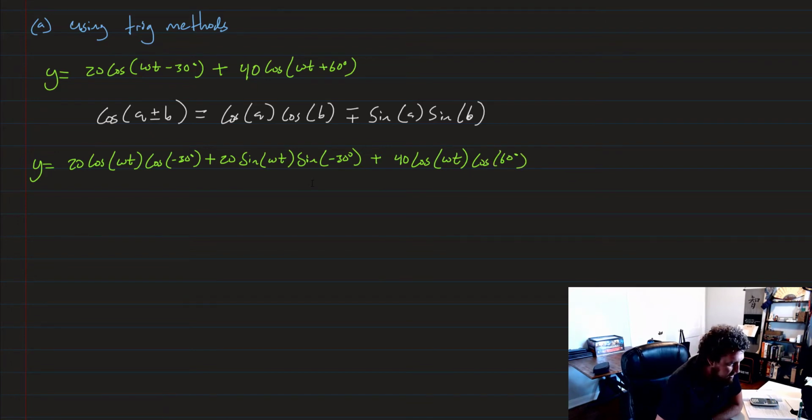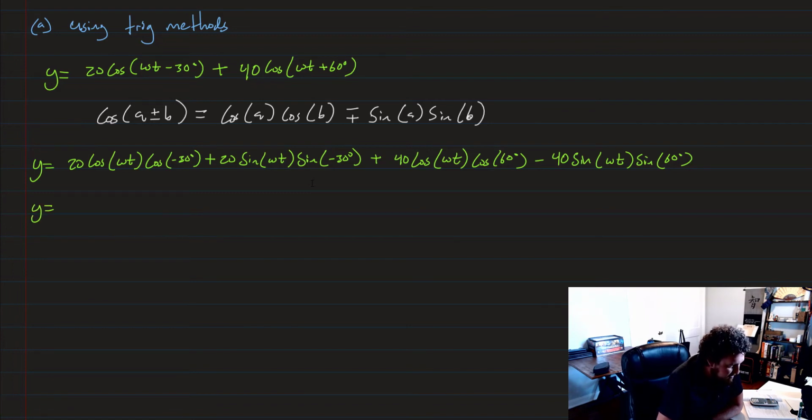Now that was plus, so it's going to be minus, so minus 40 times the sine of omega t times the sine of 60 degrees. Notice that I distributed these coefficients into each expression. So we've got this big long monster of an expression. Now we basically just have to simplify it.